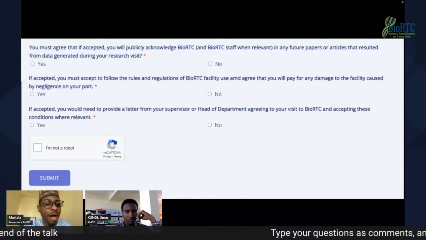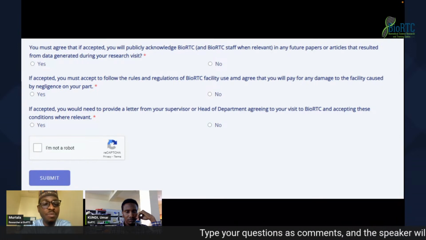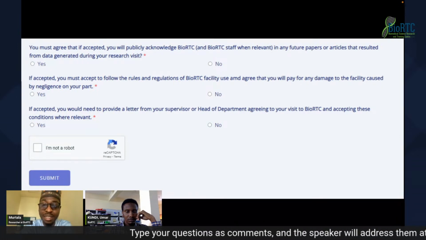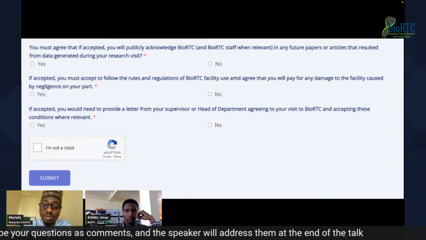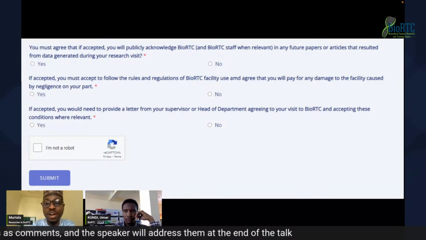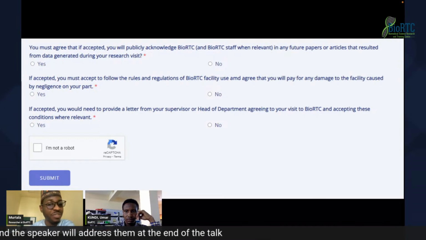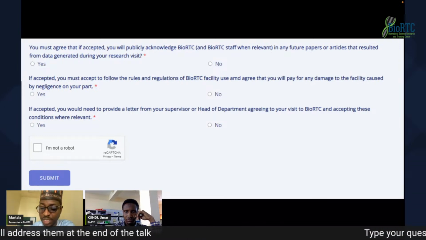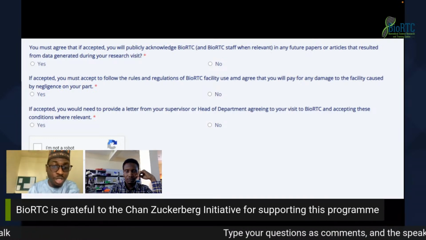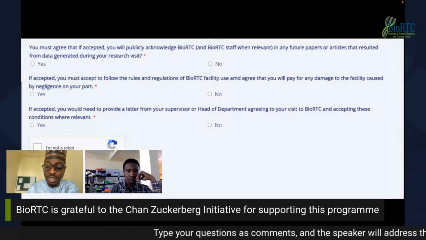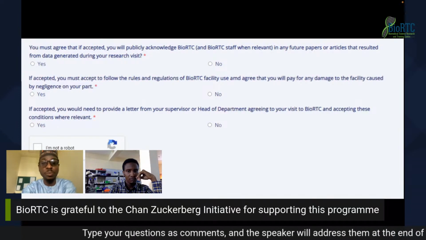Then you also have to provide a letter from your supervisor or head of department agreeing that you are going to visit BioRTC and that they have accepted this. So this is generally about the form. It's very easy to fill. You can fill it, and we will receive these responses, and we will initiate contact with you, and you can start preparing your visit to the RTC.